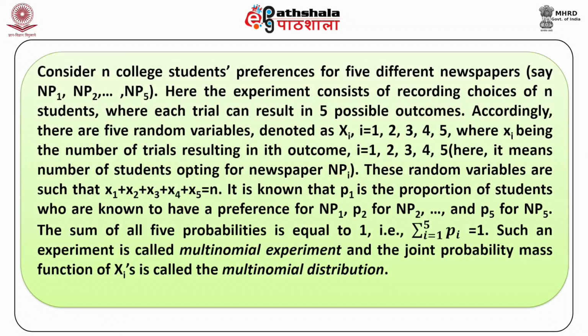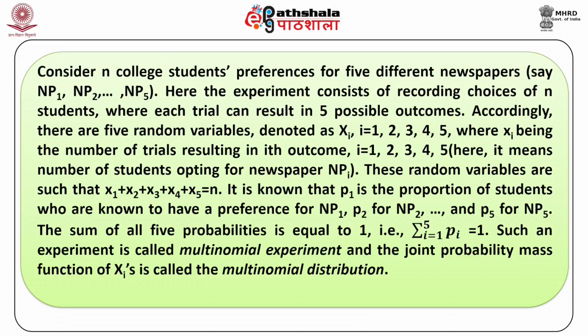So, for example, consider n college students' preferences for 5 different newspapers. Let's call them newspaper 1, NP1, NP2, up to NP5. Here, the experiment consists of recording choices of n students where each trial can result in 5 possible outcomes.